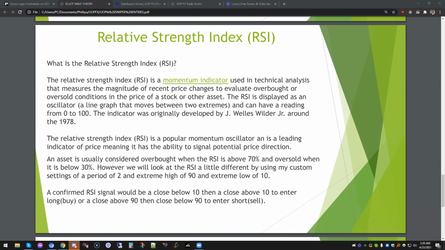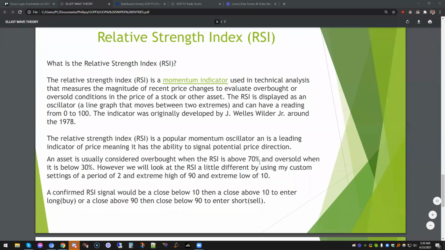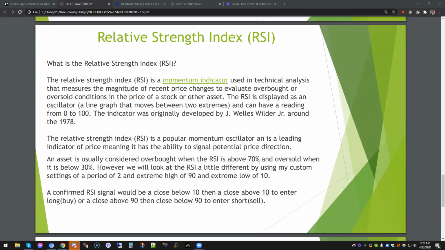Norville said, which time frame will the RSI strategy work best on? Okay, so the RSI strategy that I use works on any time frame, right? It doesn't matter what time frame you apply it to, it works just fine. However, the session times, I find it works better on the 1 hour time frame.